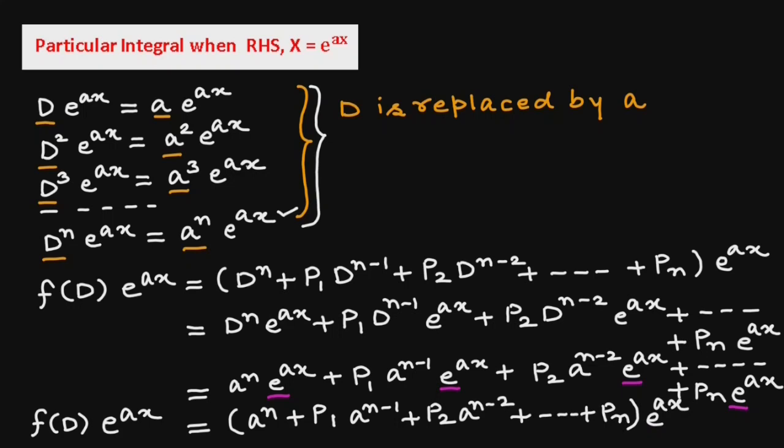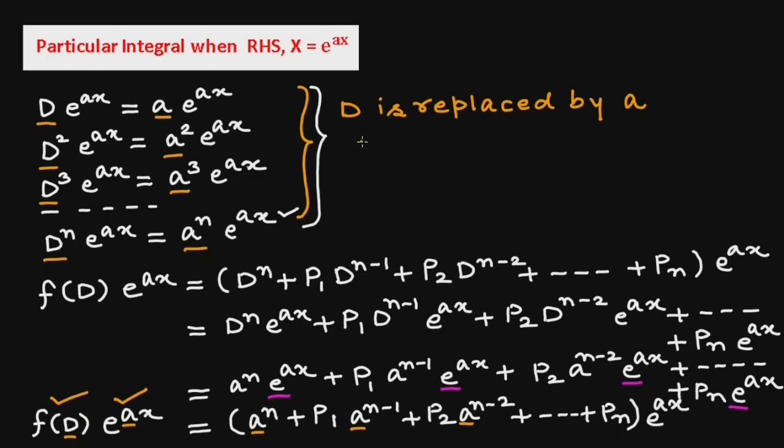Here we observe that when f(D) operates on e raised to ax, this D is replaced by a. See here, D is replaced by a everywhere. I'm sure you know what are p1, p2, p3, so on and so forth, pn. These are the constant coefficients of the differential equation. So what we get here is f(D) e raised to ax equals f(a) into e raised to ax.